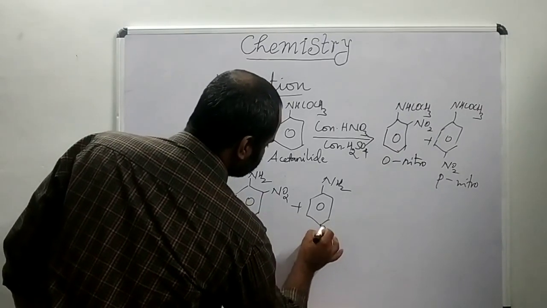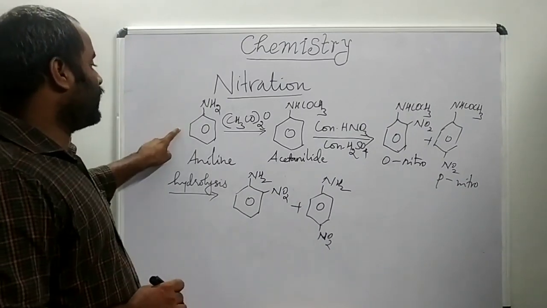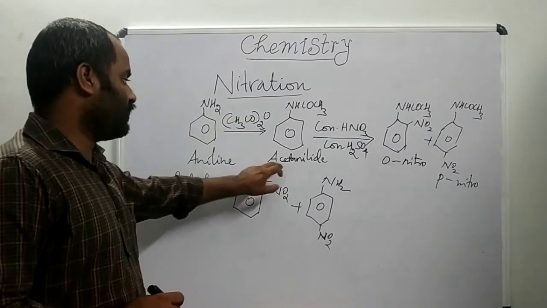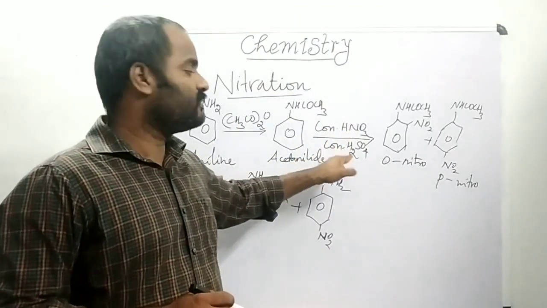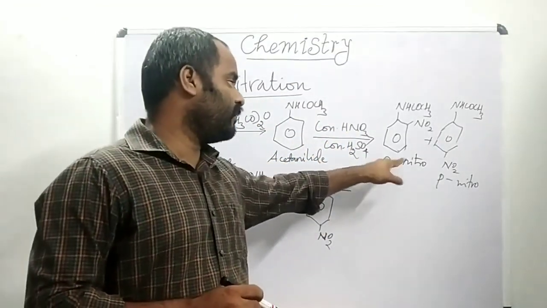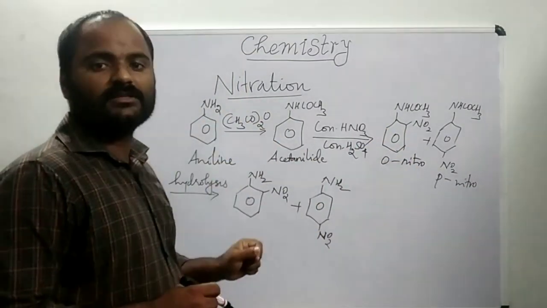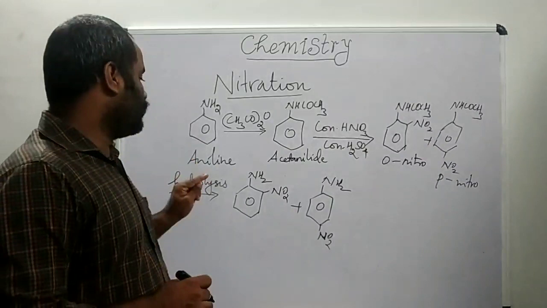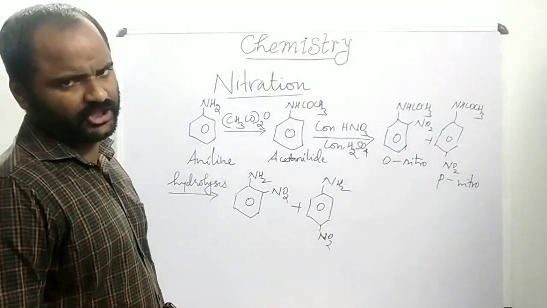These are the products of nitration. So first, aniline on reaction with acetic anhydride gives acetanilide, which on reaction with concentrated nitric acid and sulfuric acid gives ortho and para-nitroacetanilide. These compounds on hydrolysis give ortho-nitroaniline and para-nitroaniline. That is all about nitration.